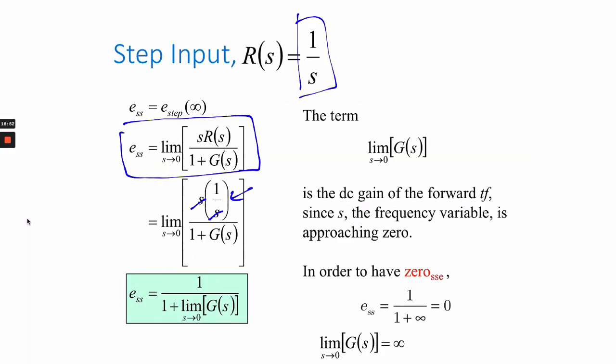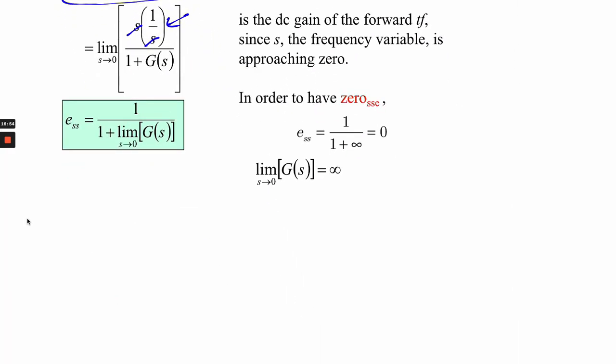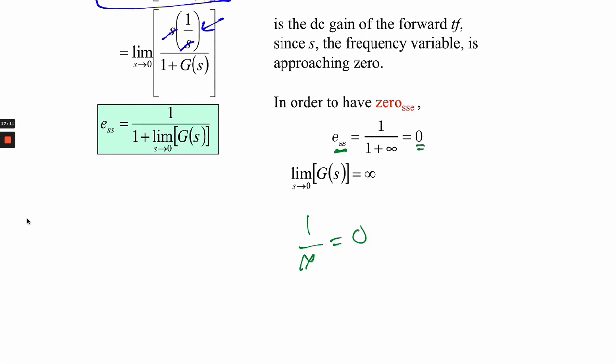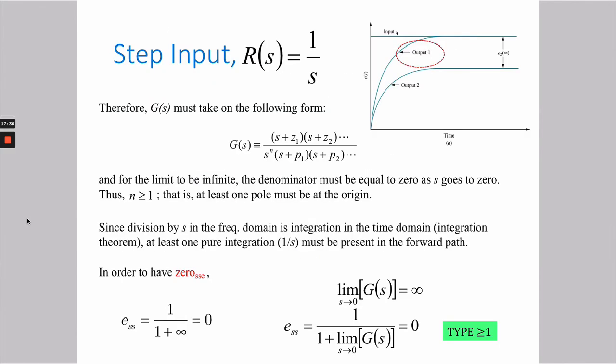To have 0 steady state error, we need 1 over infinity, because 1 over infinity equals 0. Because this term is 1 plus the limit as s approaches 0 of G(s), we need to make this term become infinity.